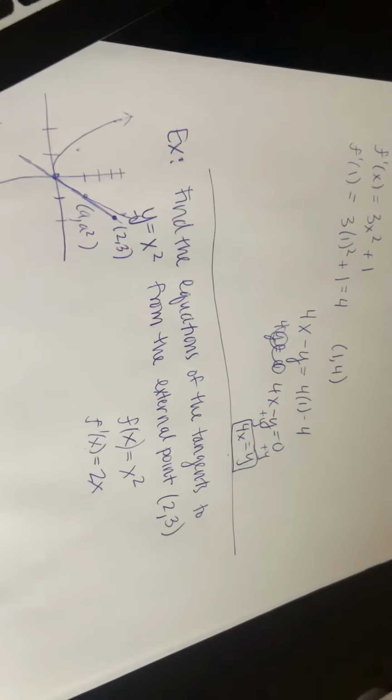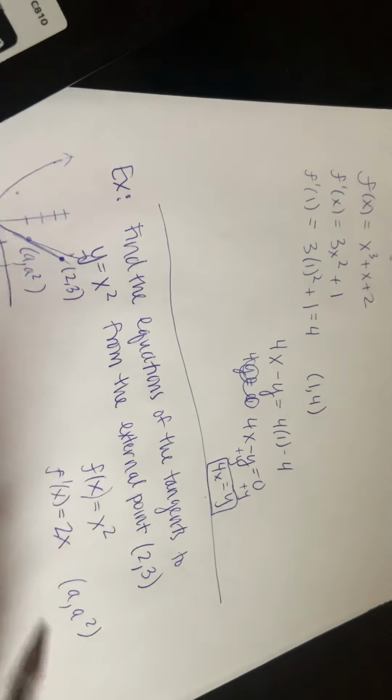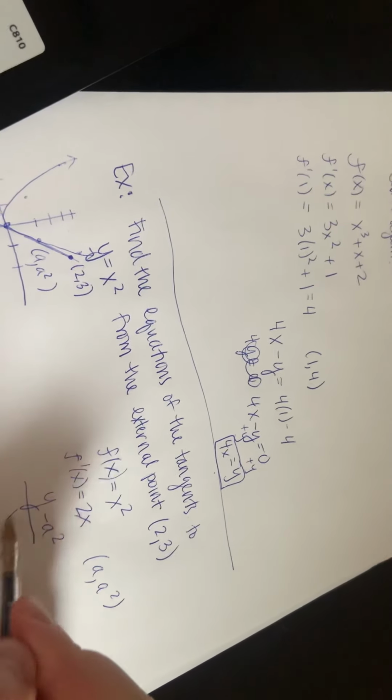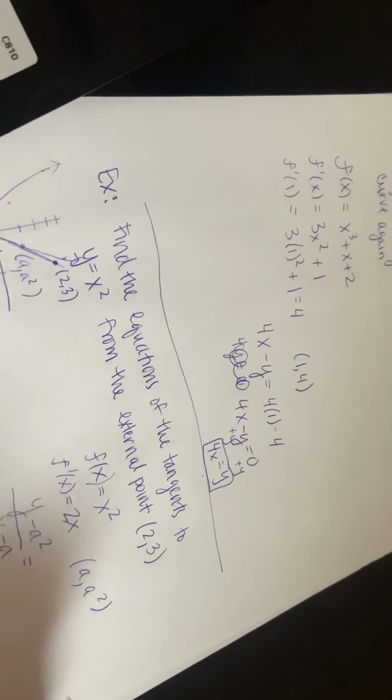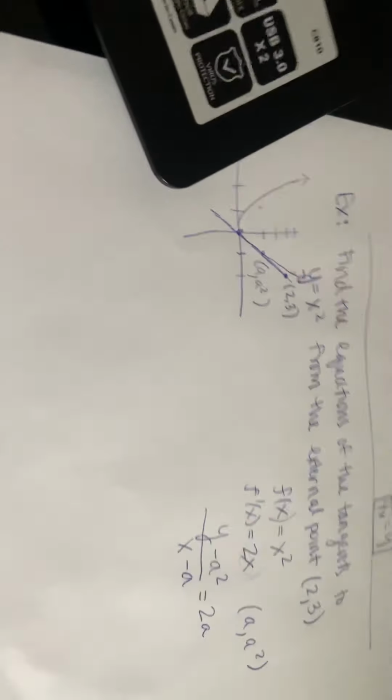If we're going to find the equation at the point (a, a squared), we would say (y minus a squared) over (x minus a), and you know that the slope is going to be equal to this derivative. So we're going to say 2a instead of 2x to make sure it's all in terms of a.